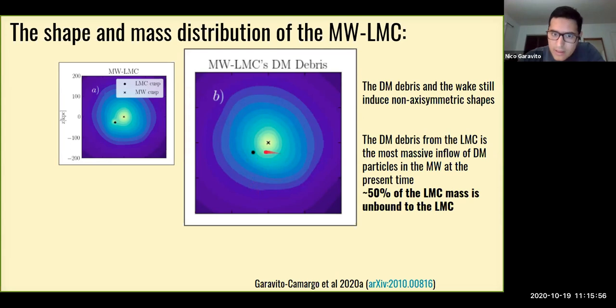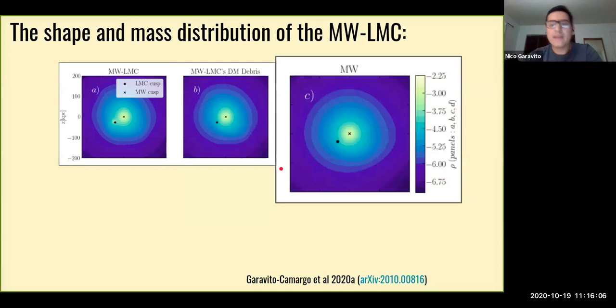And even if you ignore the LMC and the bound particles, you see that the shape of the halo is very distorted. And then we can say, okay, let's remove the debris, and we get what we had before, right? Like this elongated shape, in this region, which is where the dark matter wake exists.